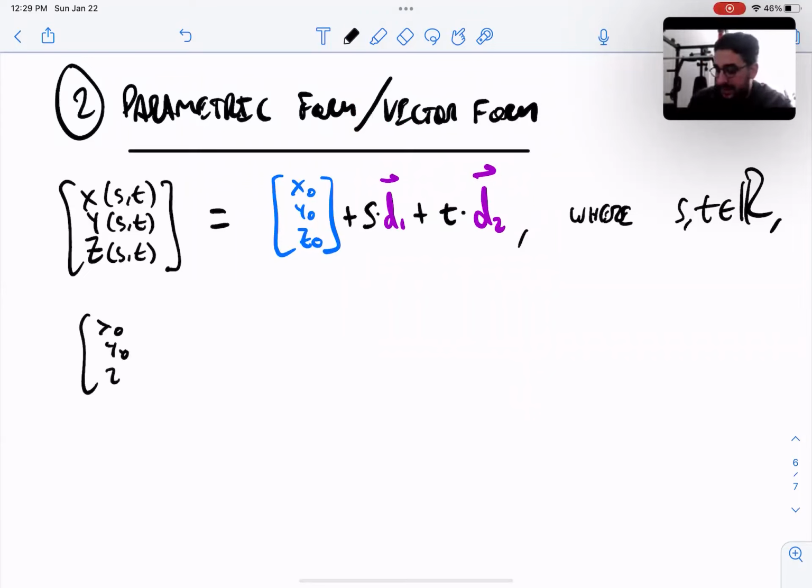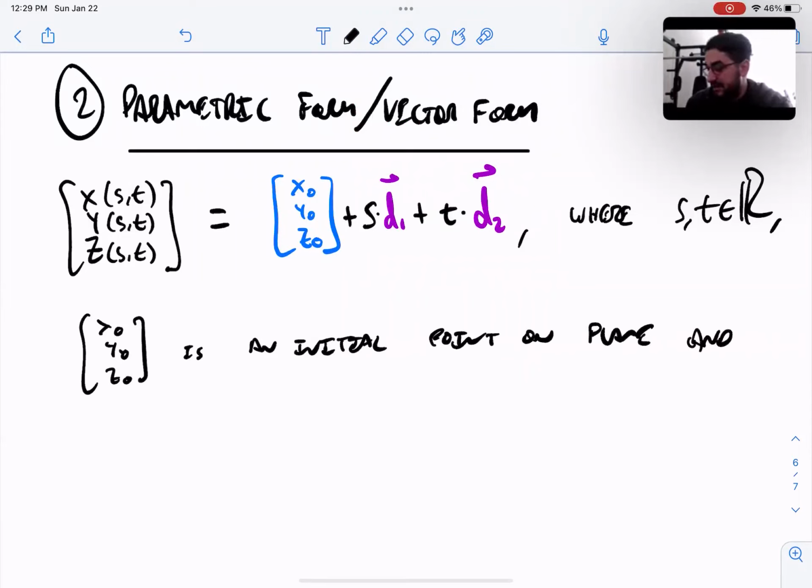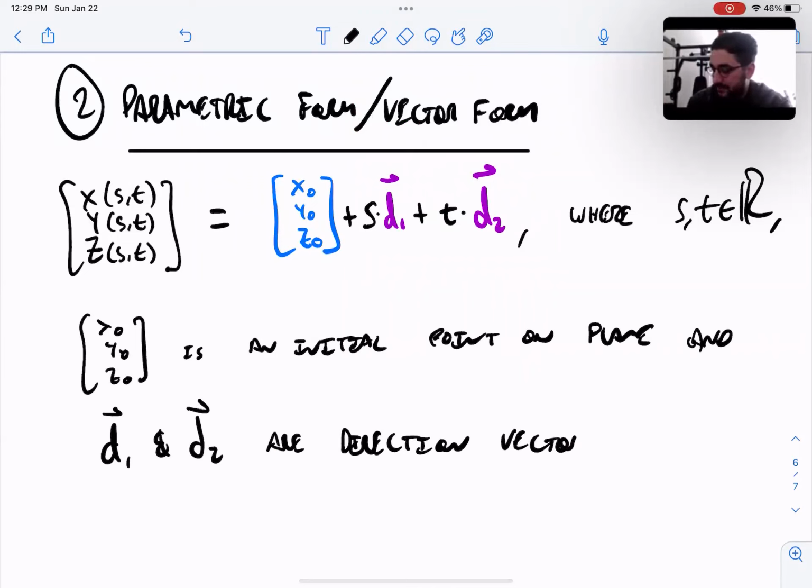The x naught, y naught, z naught is some initial point on the plane. And D1 and D2 are direction vectors of the plane. Okay. So that's another way that you can specify a plane.